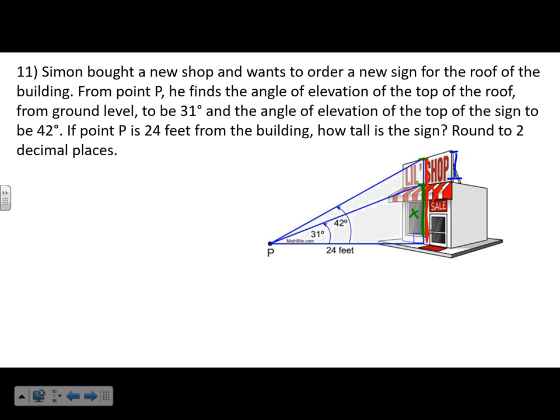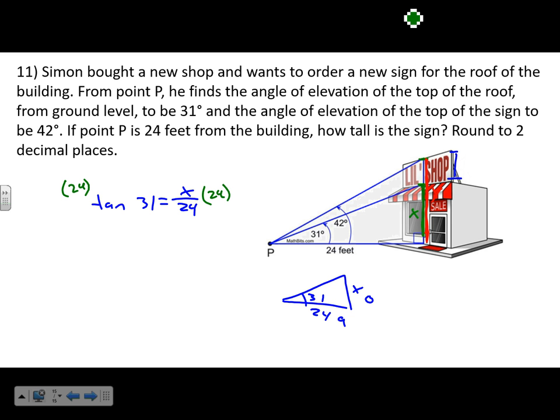So if we're looking at the green one first, that's to the top of the roof. That's 31 and 24. 31 is the angle. So we're looking for the opposite. We have adjacent, so again it's tangent is equal to the opposite over the adjacent. Multiply both sides by 24.